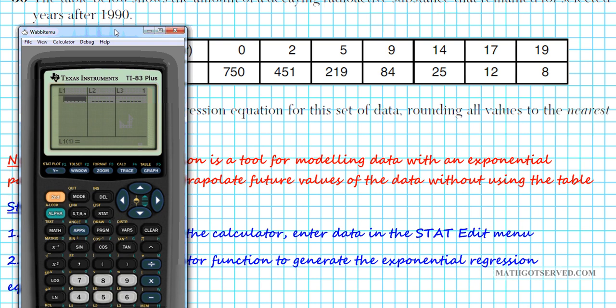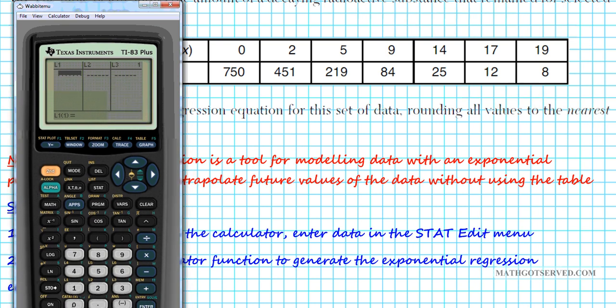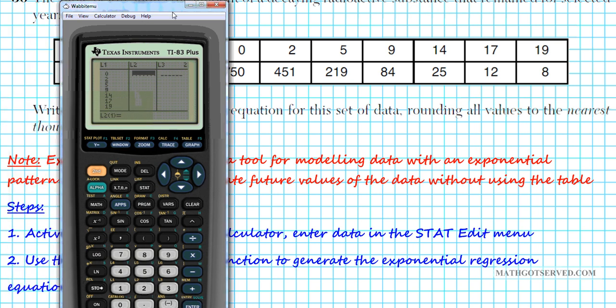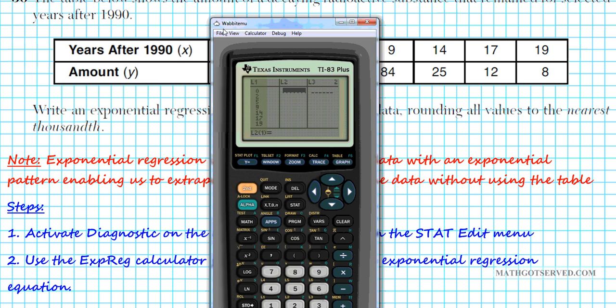We're going to have 0, and then just press enter, and then it takes you to the next entry. 2, enter, 5, enter, 9, enter, 14, enter, 17, enter, and the last one 19, enter. Okay, so where do we go next? We go to the second column, that's list 2, which corresponds to our amount y.